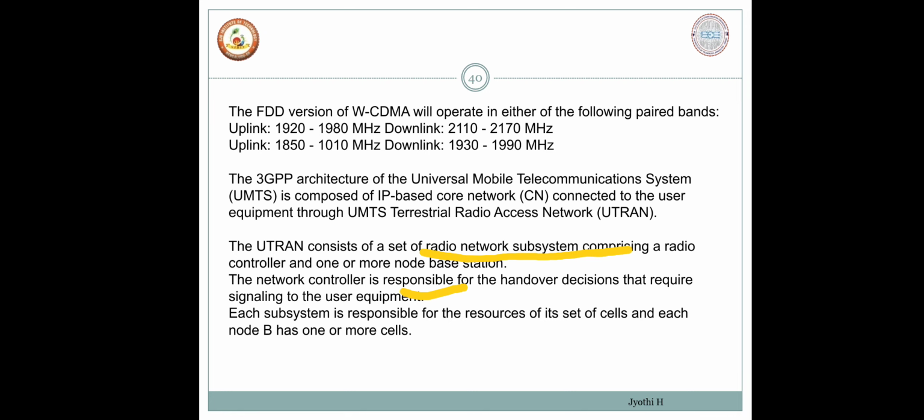The network controller is responsible for the handover decisions required for signaling to the user equipment. Each subsystem is responsible for the resources of its set of cells, and each Node B has one or more cells.